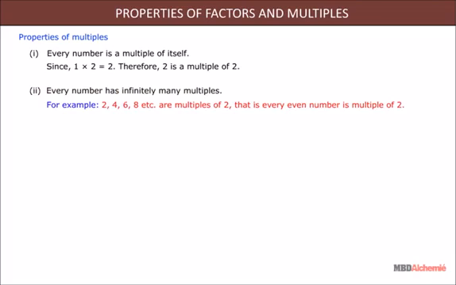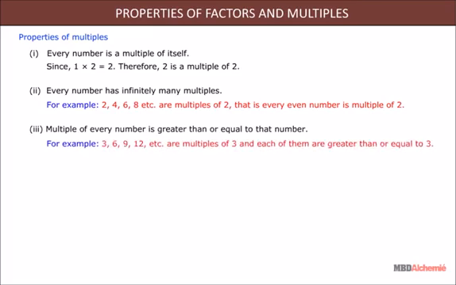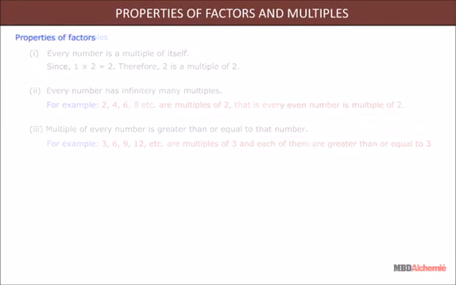That is, every even number is a multiple of 2. A multiple of every number is greater than or equal to that number. For example, 3, 6, 9, 12, etc. are multiples of 3, and each of them is greater than or equal to 3.